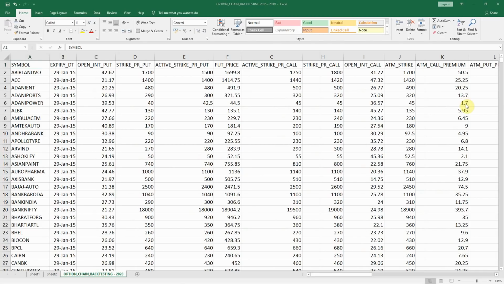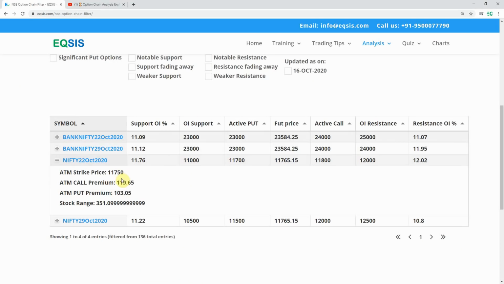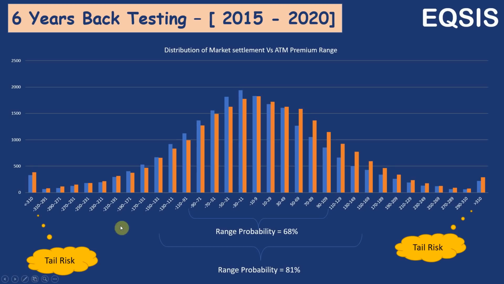Sometime back, I was telling you that the market tends to be within this range, 11,900 to 11,600, but you may be questioning me: Murugan, even in the last 2-3 days the market witnessed an unusual move. Is it really true that the market settles within this range? That's why I said the probability of settling within this range is only 68%.